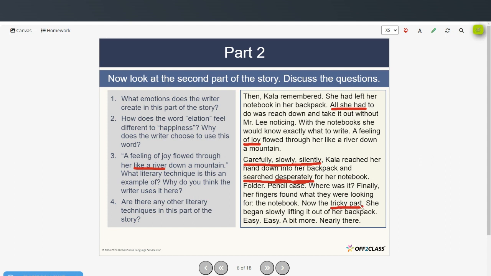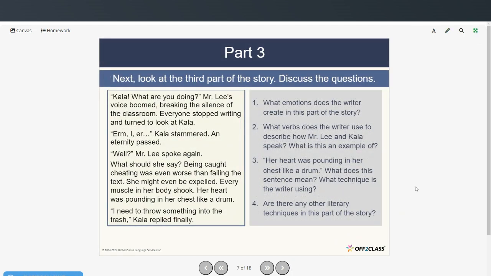Again, like we said, the tricky part, she's concentrating, you know, trying not to get caught. And then here, easy, easy, a bit more, nearly there. That's an example of repetition.